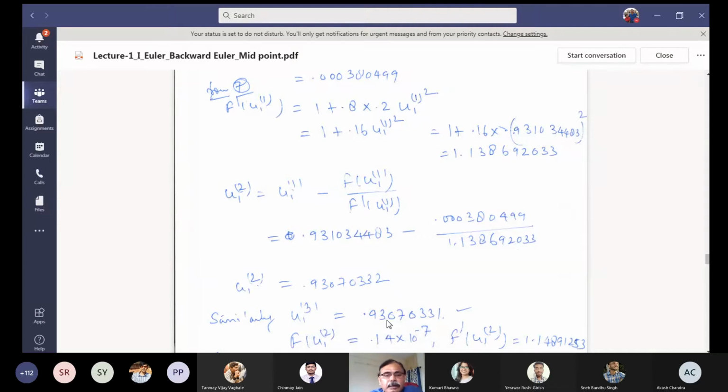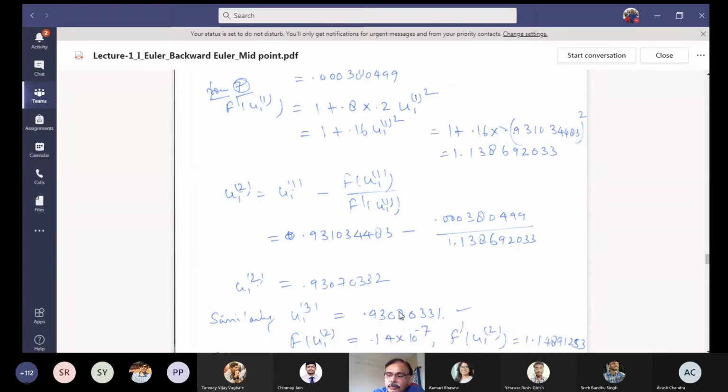Suppose we fix our U1 at this stage, because you see 0.9307 up to 4 decimal place, or even up to 5 or 7 decimal place, it is the correct one. But 7 decimal place, if you continue, will be a difficult job. So it is better to stay with 3 to 4 decimal place at this stage.